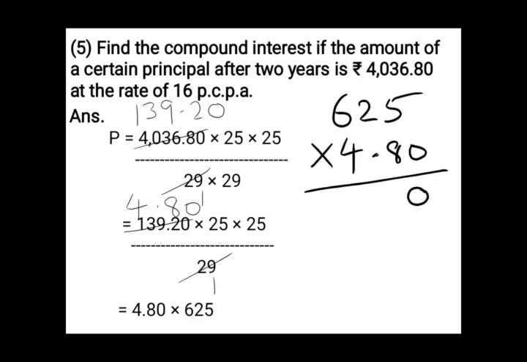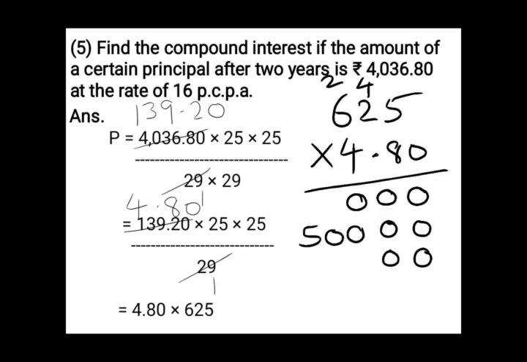Any number multiplied by 0 is 0. 8 5s are 40. 8 2s are 16 plus 4 is 20. 8 6s are 48 plus 2 is 50. 4 5s are 20. 4 2s are 8 plus 2 is 10. 4 6s are 24 plus 1 is 25.